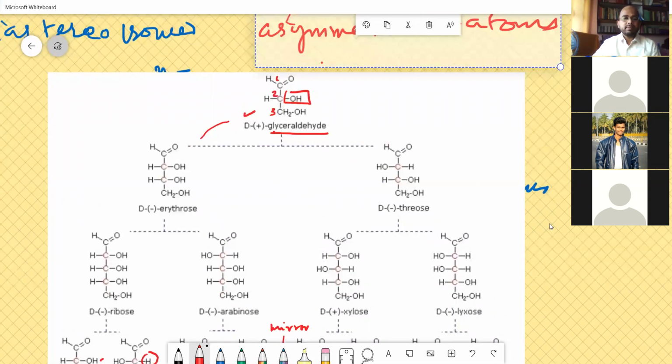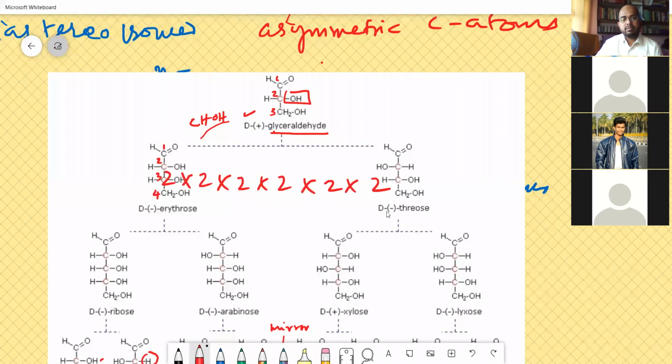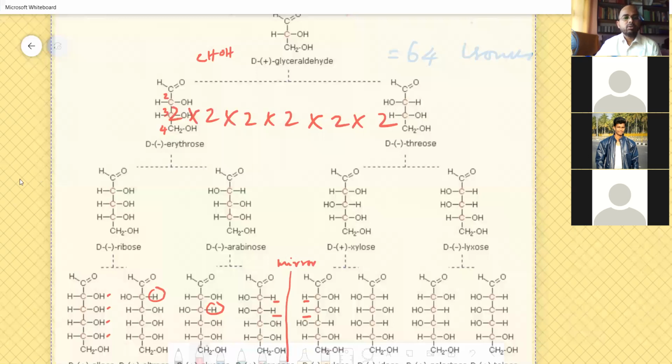Here you can see that I am adding just one CHOH here. Therefore, I am getting 1, 2, 3, and 4.